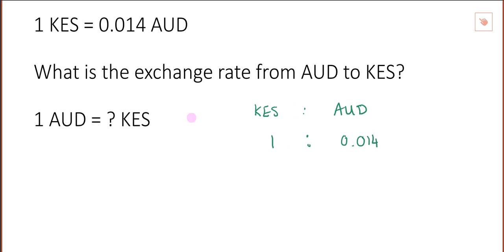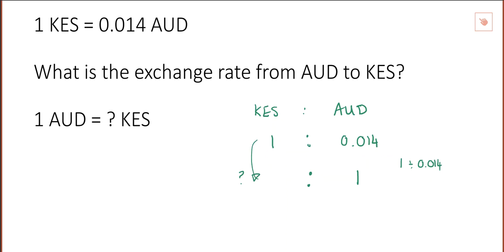Now, it's written the other way around, but really if I keep it this way, I then want to know if I've only got one of those, how many Kenyan shillings will I have? So what I need to do is figure out how many of these make up a whole 1 Australian dollar. So I'm going to do my 1 divided by the 0.014, and that tells me how many of these I would get.